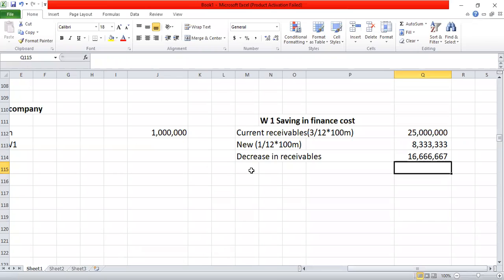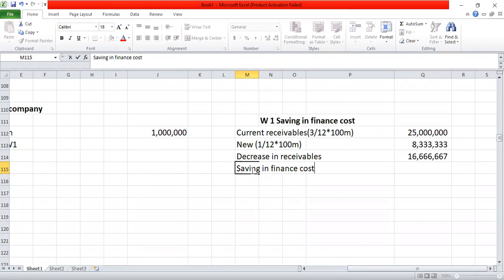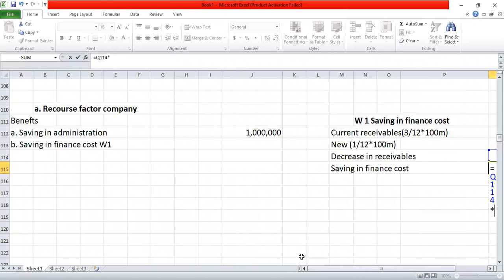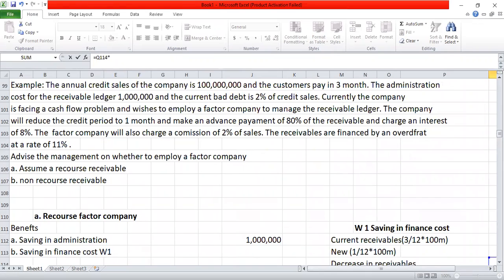This is the decrease in the receivable. So the saving in finance cost will be this times our finance cost, 11%.